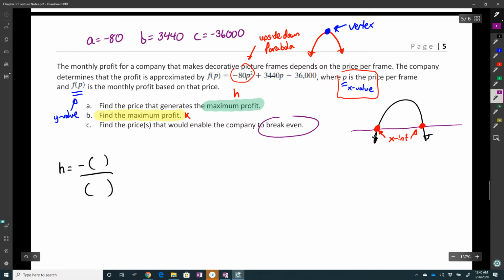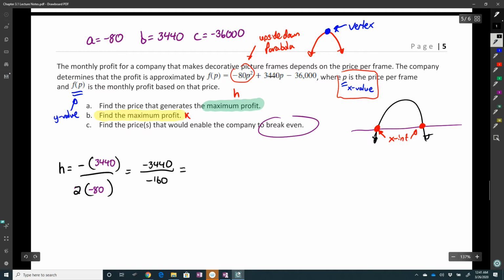All right, so negative b over 2a. Can't believe I messed up the formula there. 2, and then a is negative 80. So I plug all that in. And this is negative 160.